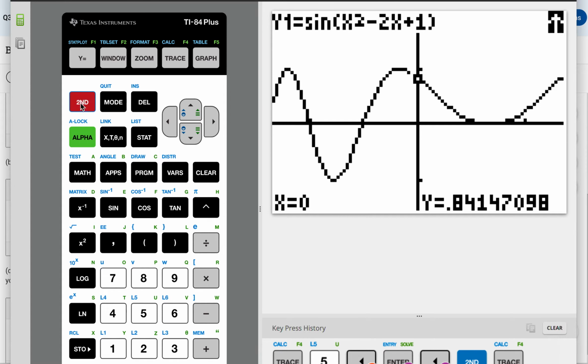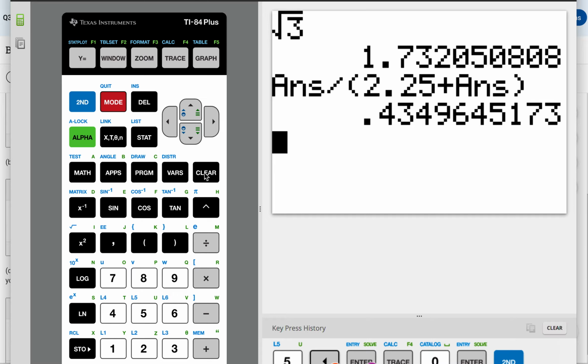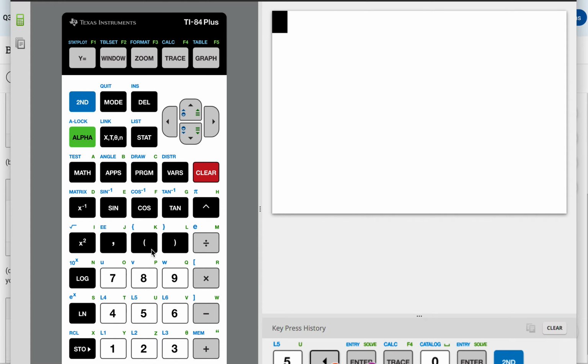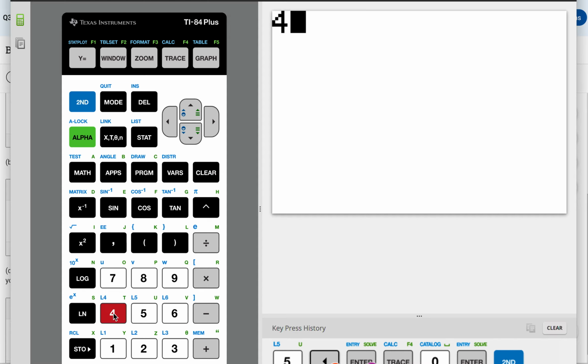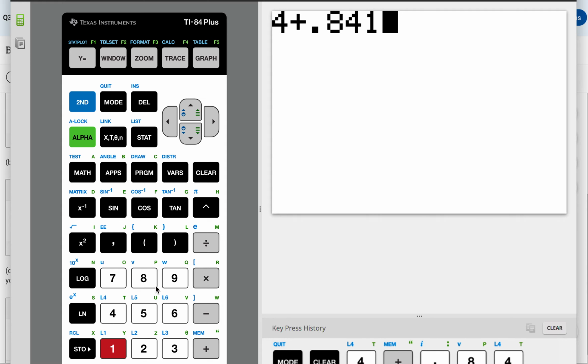So if I go and do second, quit, and then clear, I know that my y value is going to be equal to, when I move the 4 over, 4 plus 0.841 times my value I'm trying to approximate, 0.25.